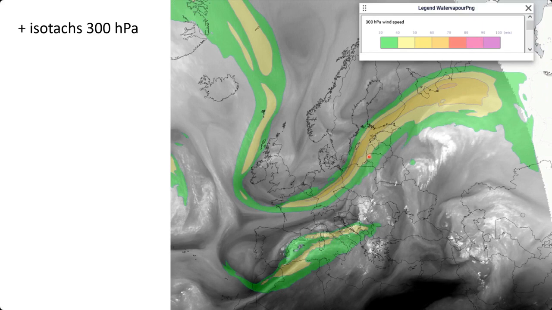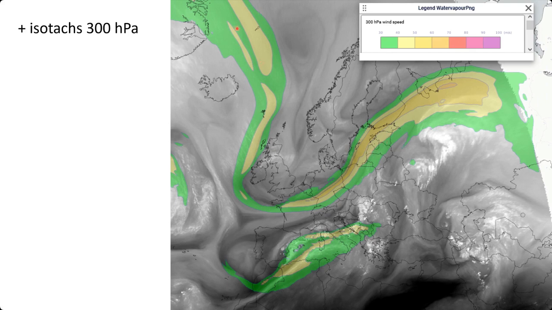And then here on the next image, at the same time, but with the isotachs plotted in from the model, 300 hectopascal. Here we have the isotachs in meters per second. You can see the legend in the upper right corner.